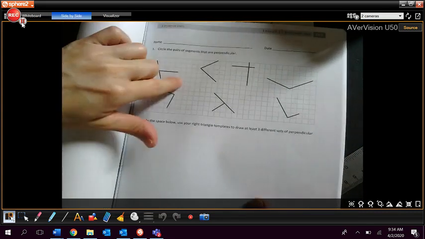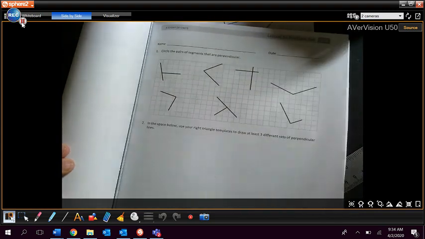It's problem number 1, number 2, number 3, and number 4. Very similar to last week's problems, but instead of parallel, we are now working with perpendicular lines. And then you're also going to complete your exit ticket for lesson 15.